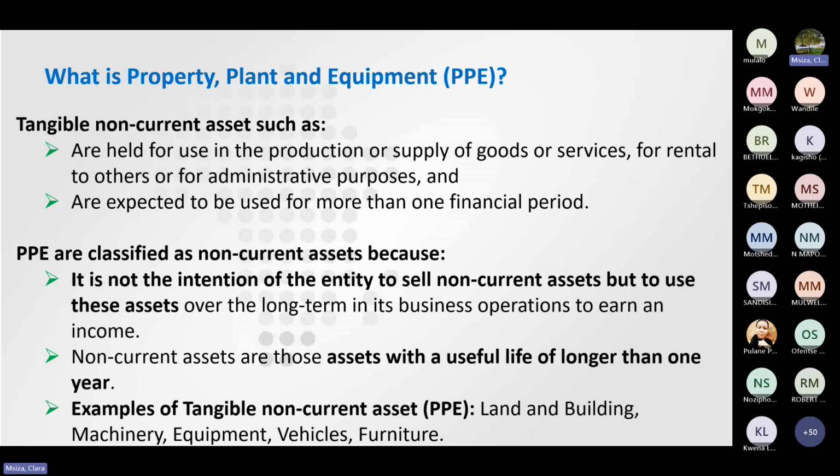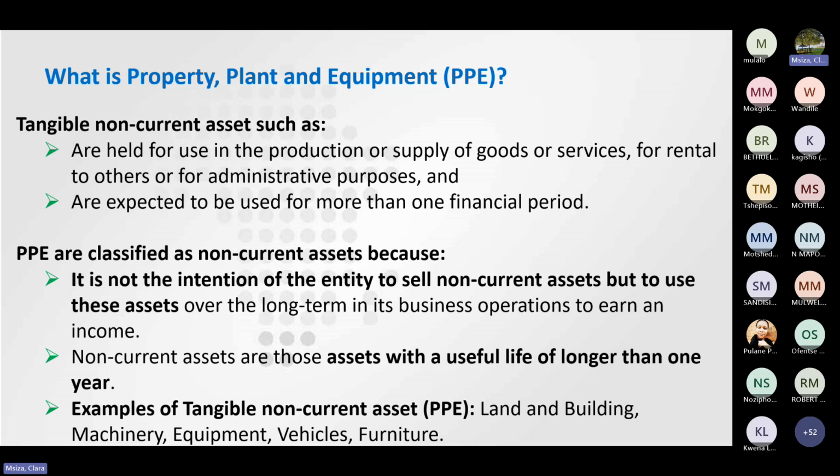So now, what is PPE? We've got tangible non-current assets, and they are held for use in the production and supply of goods and services, for rental to others, or for administrative purposes, and are expected to be used for more than one financial period. So if an asset will be used for more than 12 months, remember financial period equals 12 months.